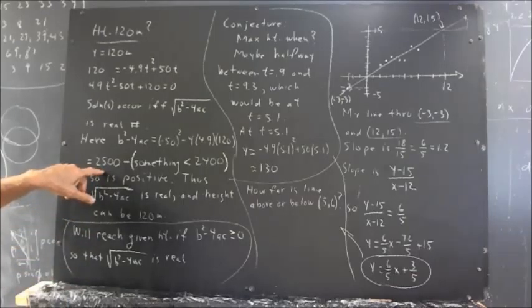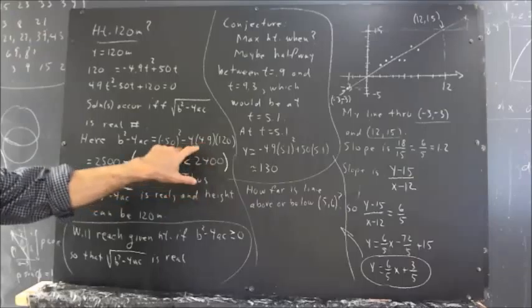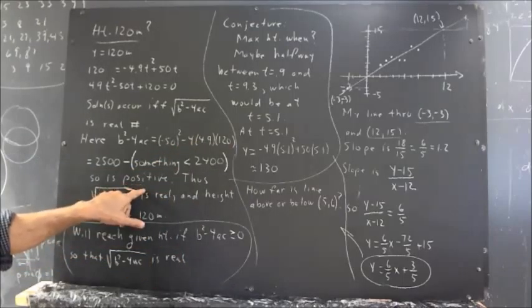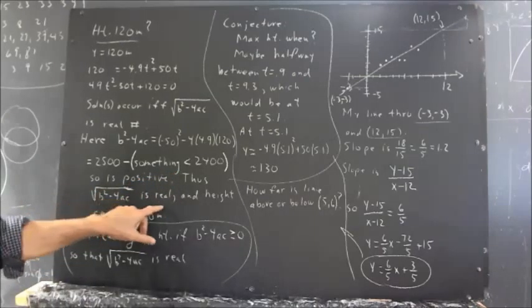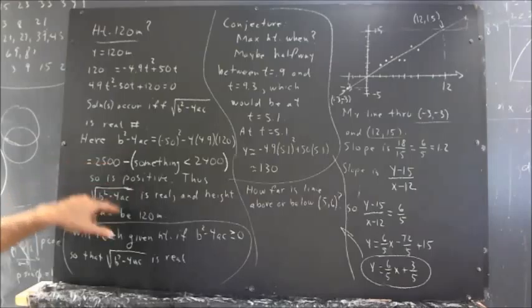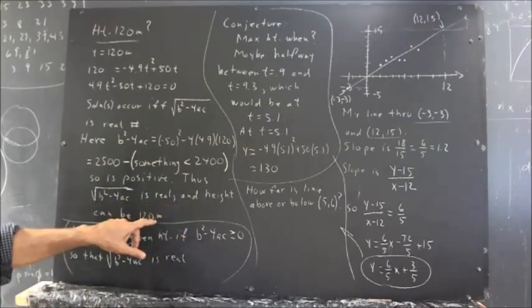Okay, 2500 minus something that's less than 2400, which is this, is positive. Now that's all you got to know. It follows that the square root of b squared minus 4ac is real, because you can always take the square root of a positive number, and the height can be 120 meters.